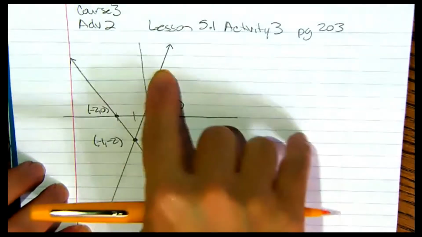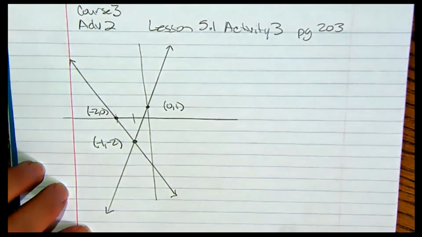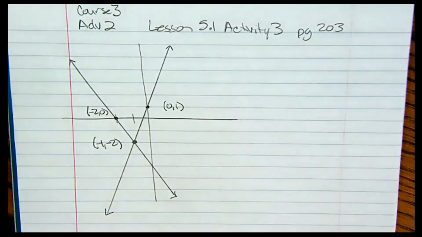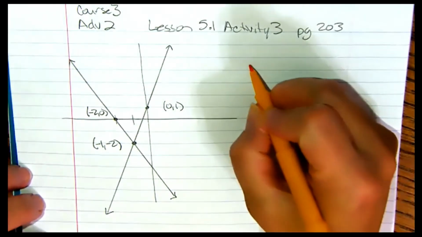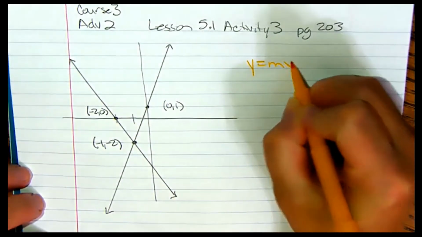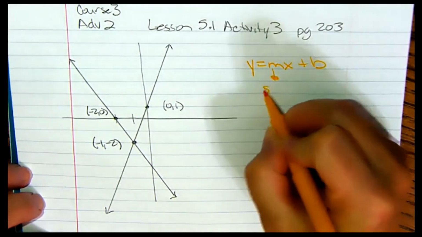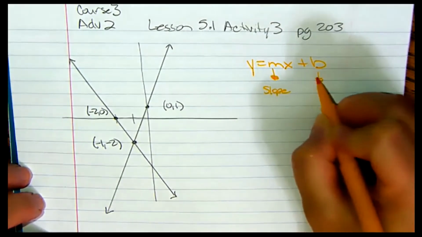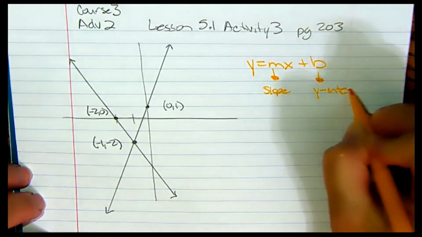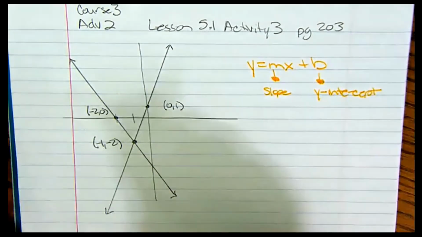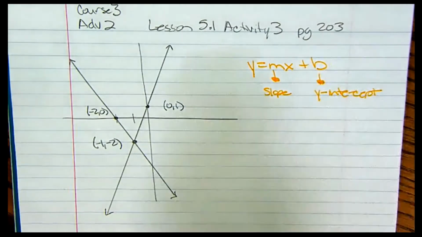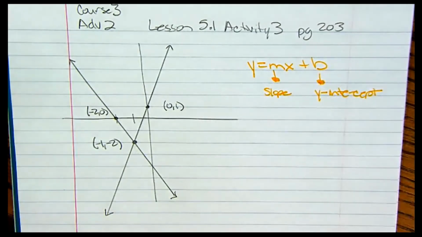Well, I can see that I have two lines. And we know the linear equation for a line follows y equals mx plus b. We know m is the slope, and we know b is the y-intercept. Okay? So those are the things that we know.